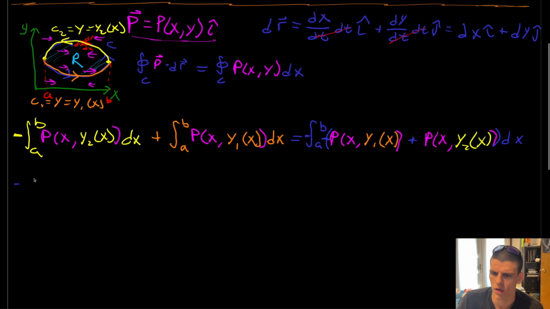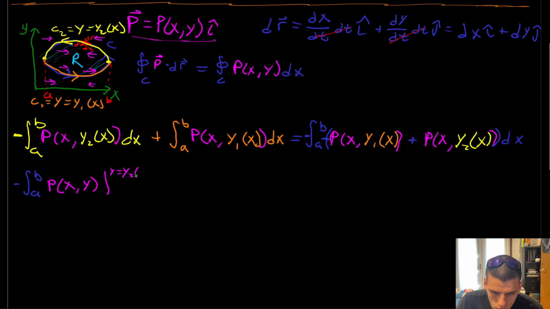So we will go the negative integral from a to b of, and now we'll write this more simply, p of x, y, evaluated at y equals y2 of x, and at the bottom y equals y1 of x, and then times dx.